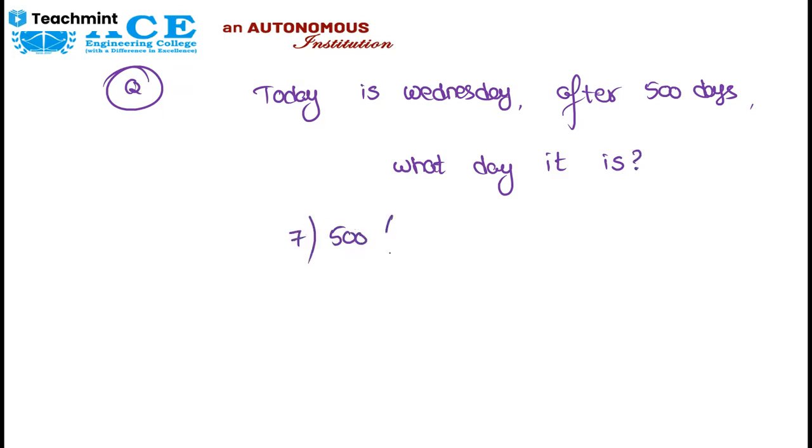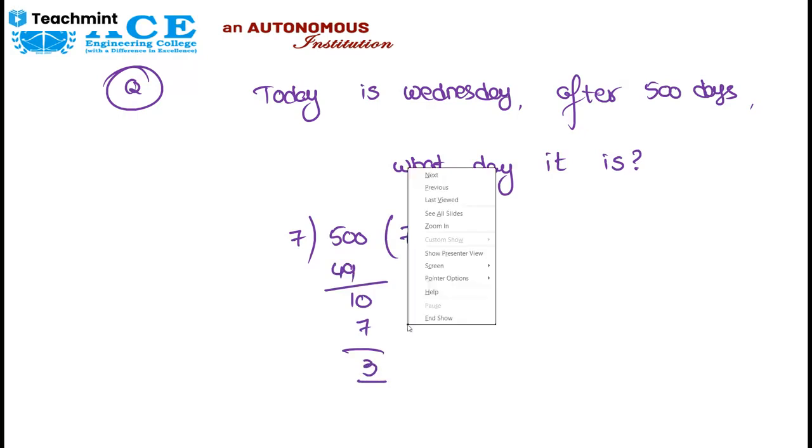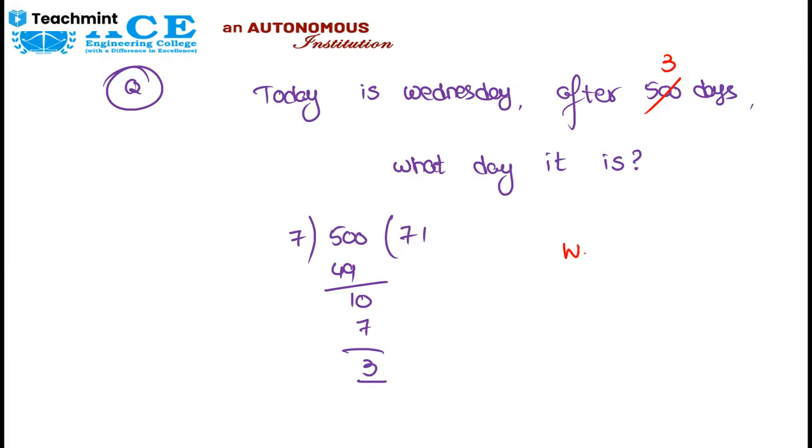We can convert it into odd days. So 7 sevens 49. We have 10. 7 ones 7. We got 3 odd days. Instead of 500, you put it like 3 now. It's simple. After 3 days, what day is it? Wednesday +1 means Thursday. +2 means Friday. +3 means Saturday. Saturday we are going to get.